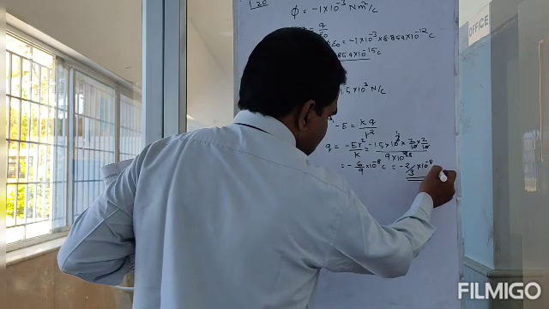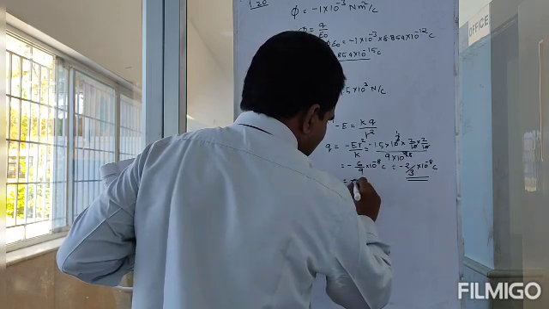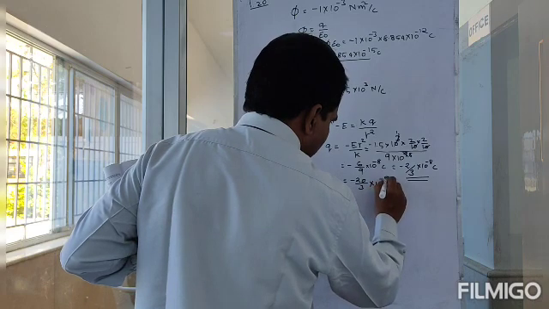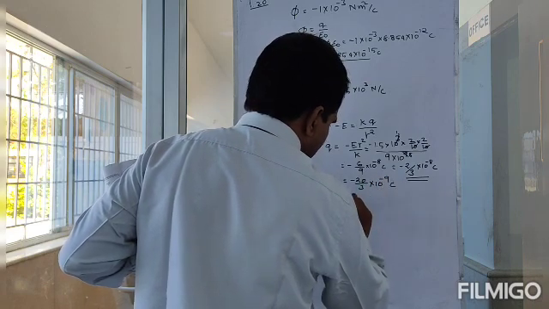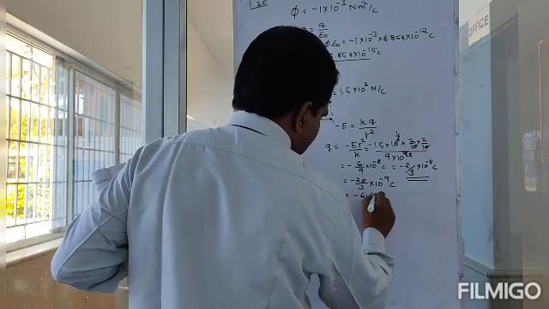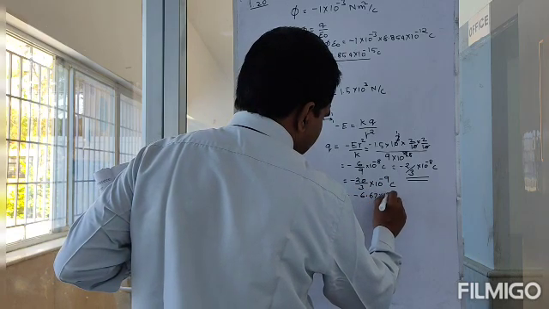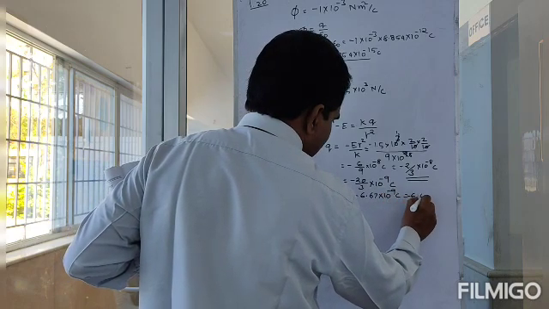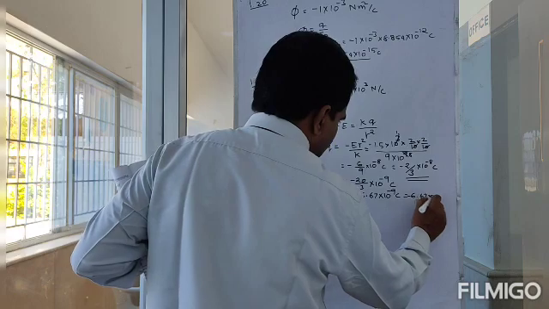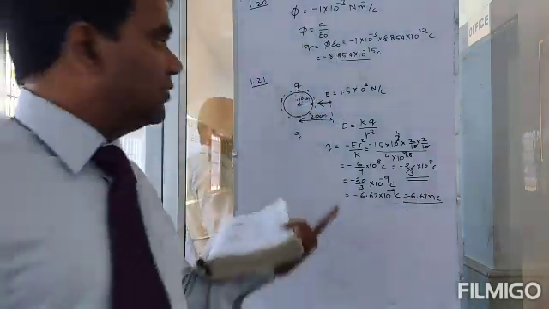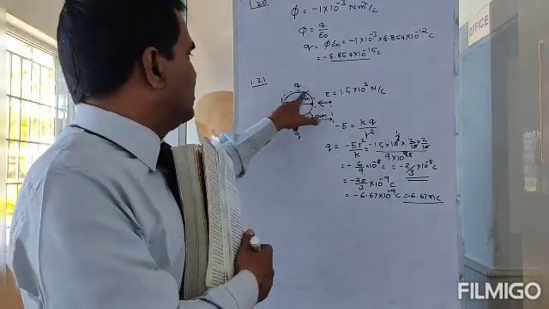I can multiply this by 10, divide that by 10, so then it gives me minus 20 by 3 into 10 power minus 9 Coulomb. So that is also equal to minus 6.67 into 10 to the power minus 9 Coulomb, or minus 6.67 nanoCoulomb. Okay, that's the amount of charge you have on the sphere.